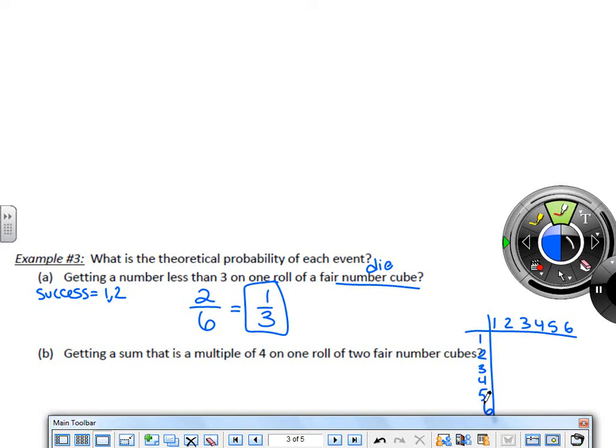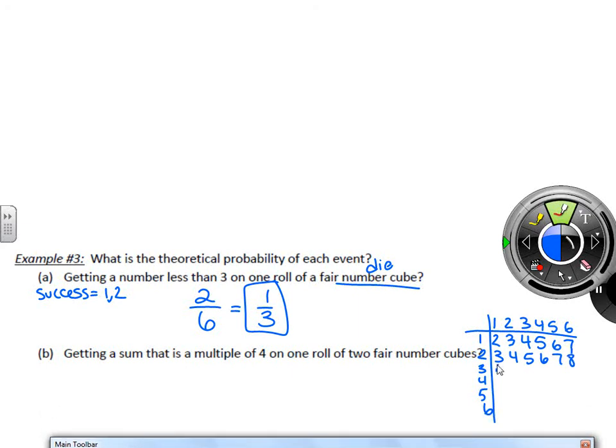And then you can see what the sums would be. Here the sum would be 2. This would be 3, 4, 5, 6, 7. Okay. And you can create this entire chart if you want to count the number of possibilities, and then we'll talk about how you could see it other ways later.